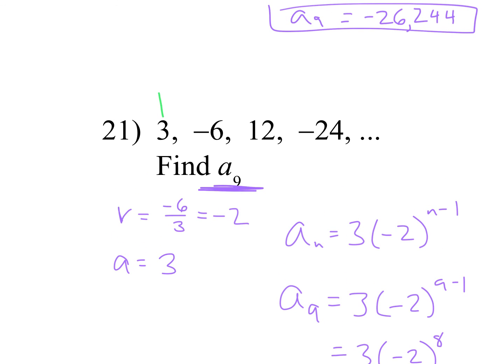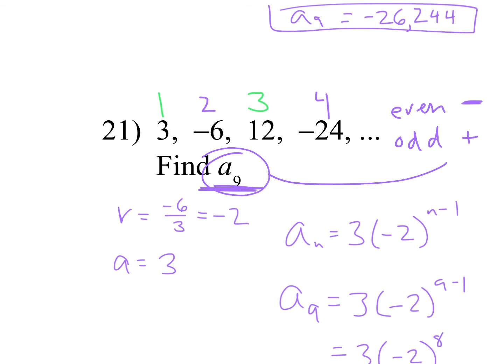So if we look, our first term is positive, our third term is positive, our second term is negative, and our fourth term is negative. So all of the even terms are negative, and all of the odd terms are positive. So a sub 9, is that even or odd? Is 9 even or odd? It's odd, so it's going to be positive.